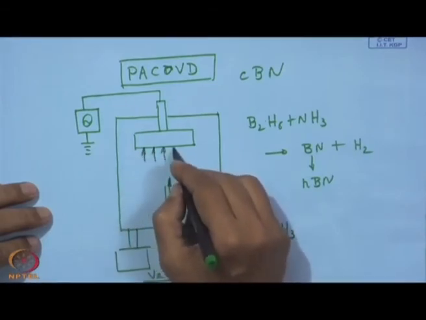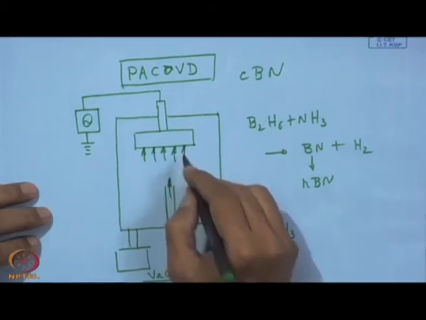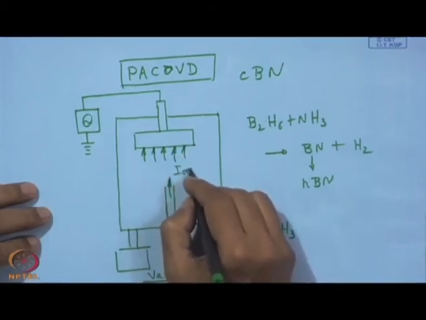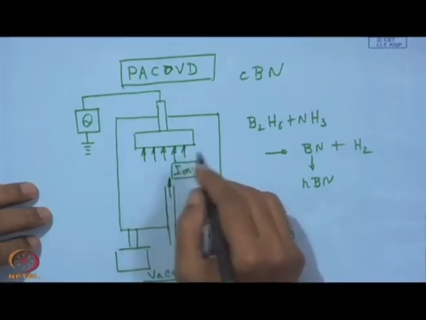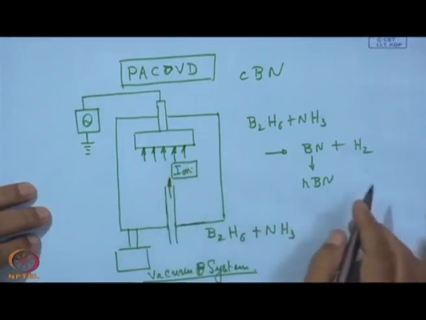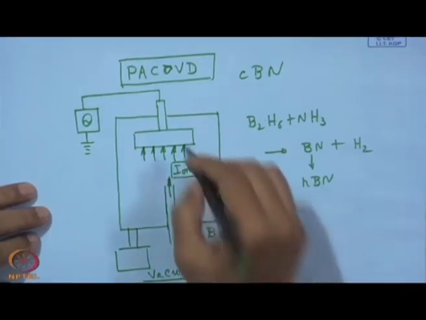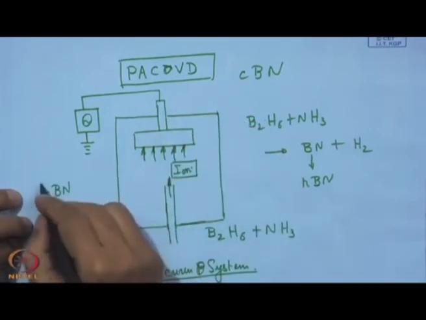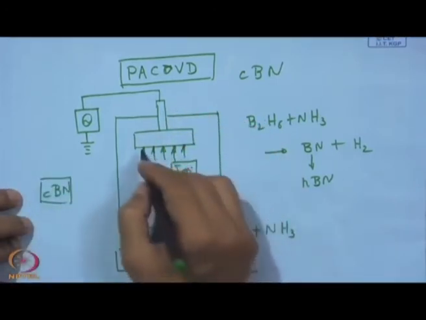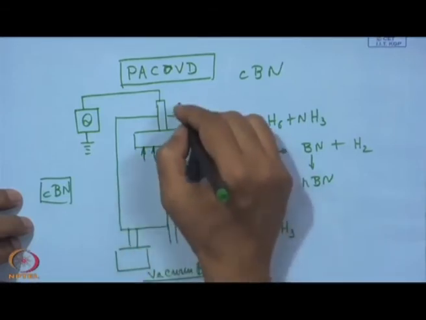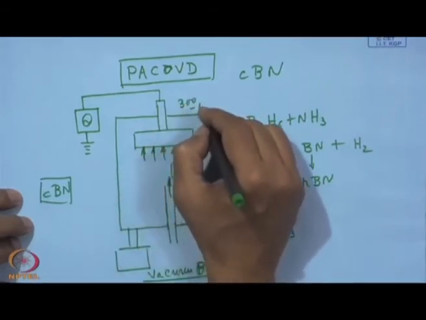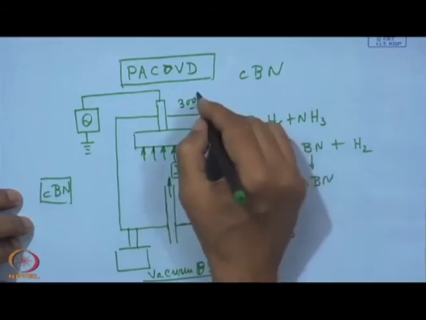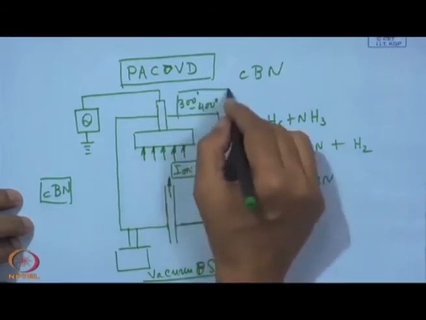So, it is ion impingement. It is striking with ions, and that is high energy. With that high energy, it is possible to have this CBN structure over this coating even in the range of 300 to 400 degrees centigrade.